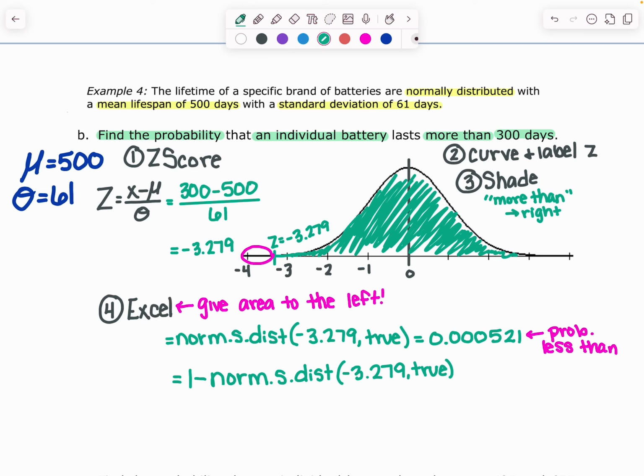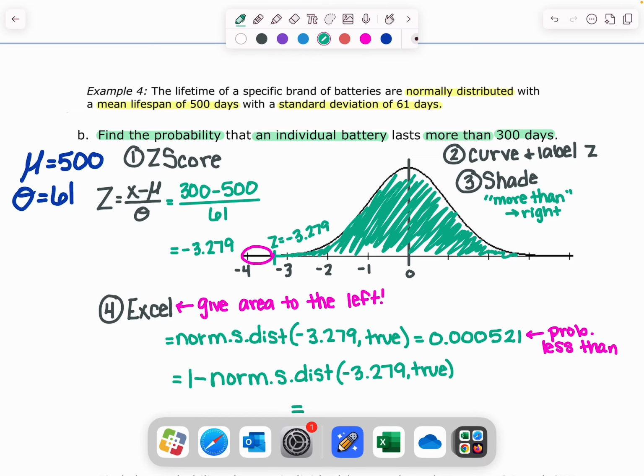And I want to put my equal sign down here. So let me go up into Excel again so that I can show how this works.